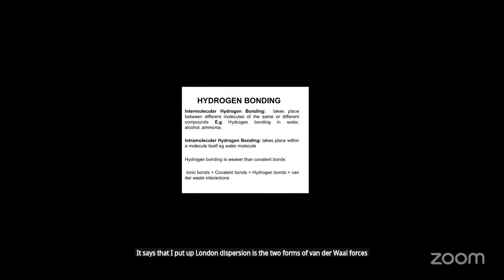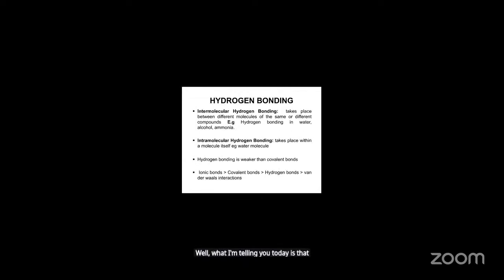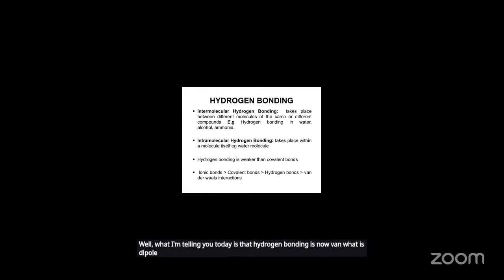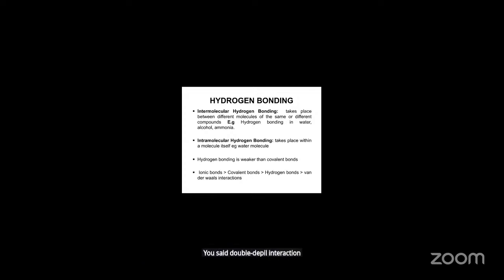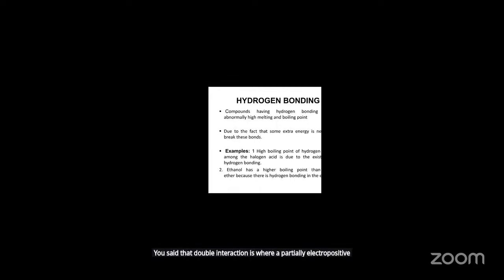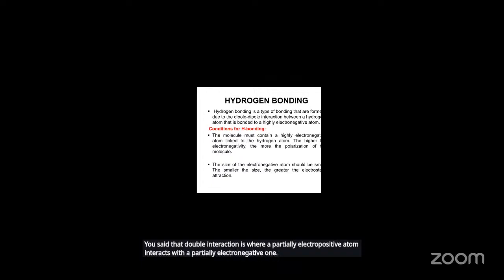Well, what I'm telling you today is about hydrogen bonding, and what is dipole-dipole interaction? You said that dipole-dipole interaction is when a partially electropositive atom interacts with a partially electronegative one. Okay, so what is your problem here now?